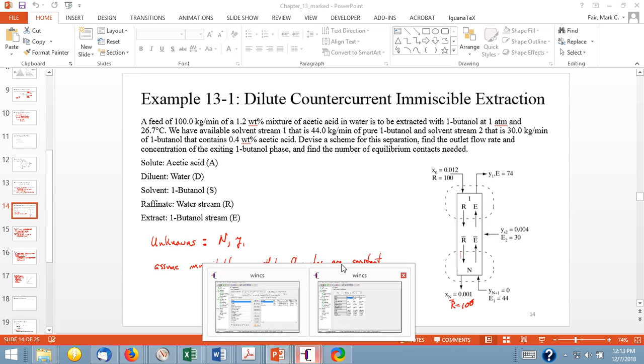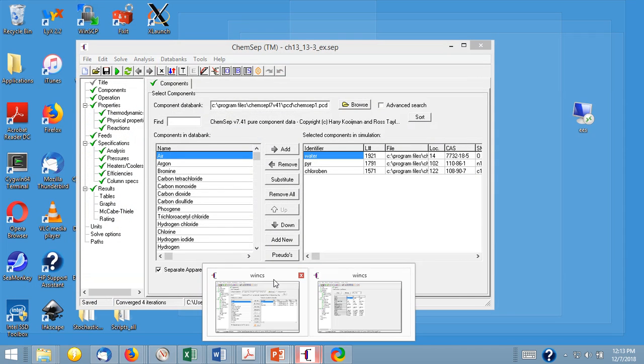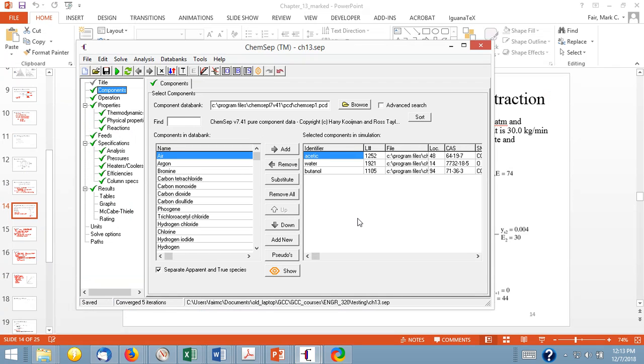So let's go ahead and open up ChemSep. We're going to treat this acetic acid water butanol system. Once you've got it opened up, you can go ahead and enter in those three components to start with.